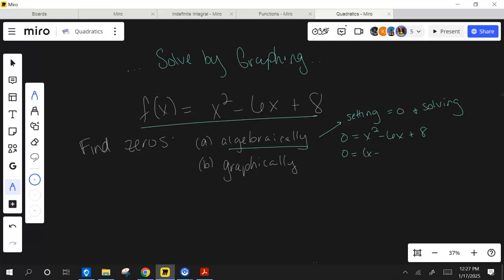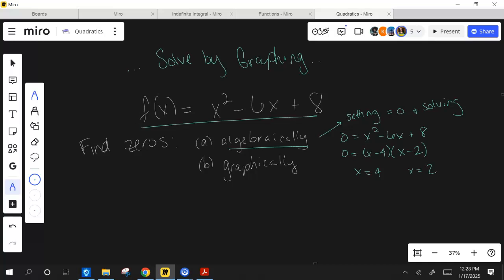That's all I'm going to tell you. All right, x equals 4 and x equals 2. Okay? That's what we've done.